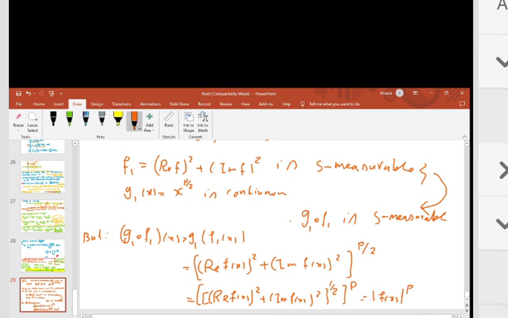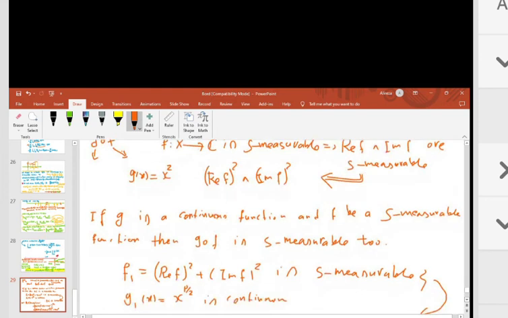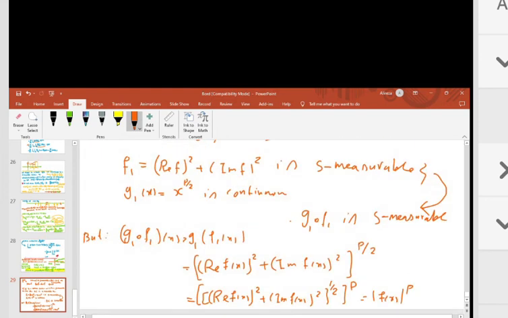It's very trivial, because we know the absolute value of any element such as this equals a squared plus b squared to the power of this.